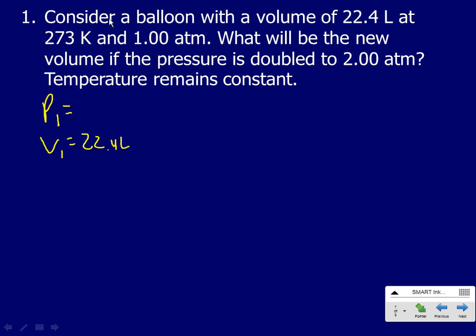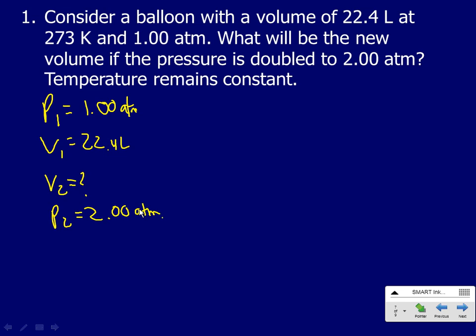And the pressure that goes with that is 1 atmosphere. I want to know what the new volume is. V2, question mark. And the second pressure, P2, is 2 atmospheres.